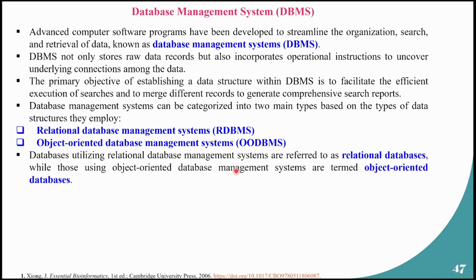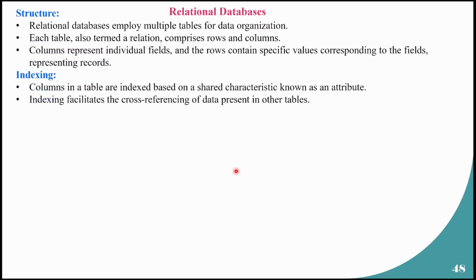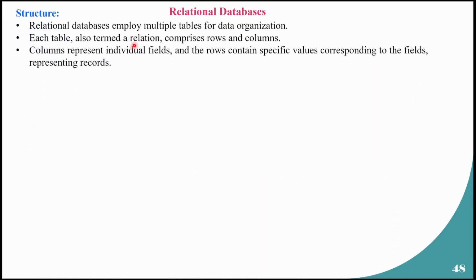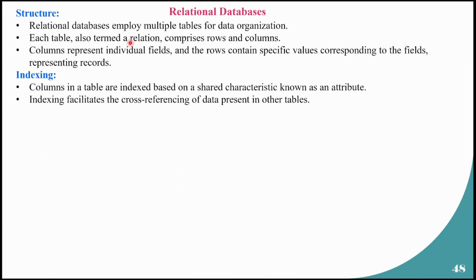Right. Now we talked about the particular structure of relational databases, or the different facets of relational databases. Firstly, the structure. There should be one common column or field between the tables. So of course that means the data is organized in the form of a table, and not only a single table but multiple tables.